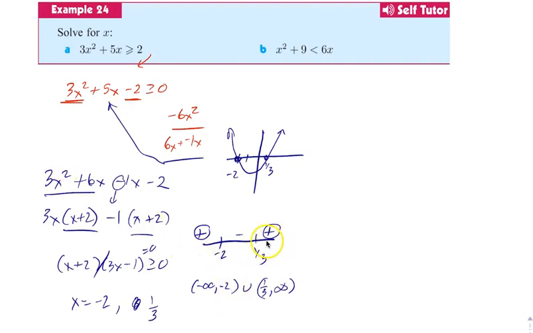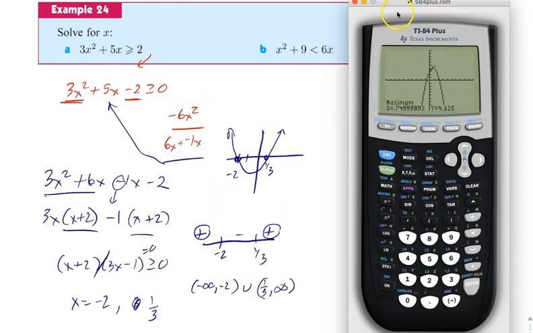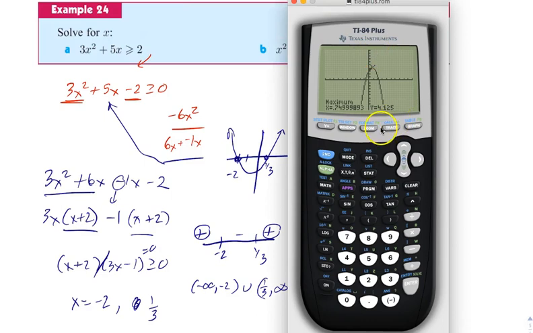So there's the answer. Now if I was using a calculator, I could also just graph those two equations: 3x squared plus 5x, and then 2. Go to zoom standard.